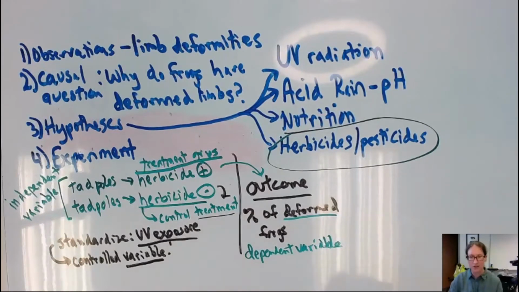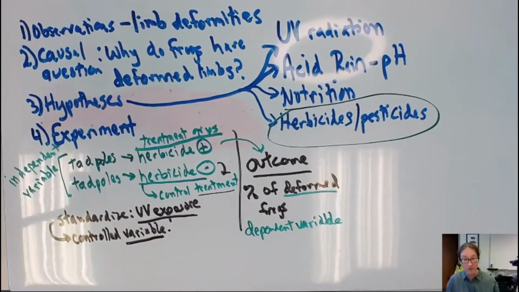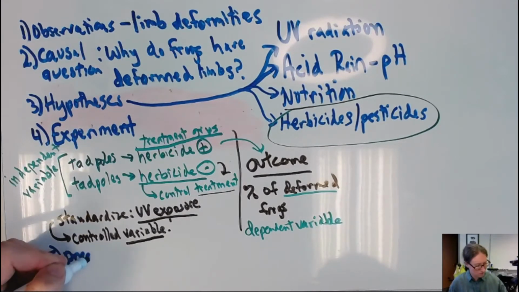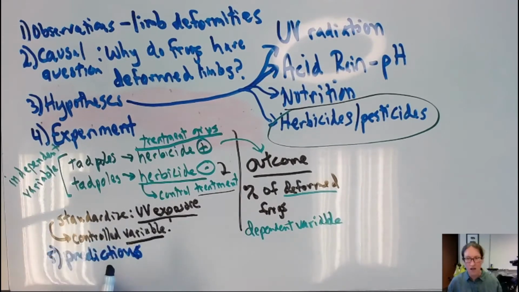So then the question is, what comes after this? And if you said, let's do the experiment, you're close, but we're not going to do it just yet. The next thing we need to do to be explicit about the scientific process is to come up with a set of predictions, or a prediction. How do we expect this experiment to turn out if indeed it is this herbicide that's causing frog deformities?